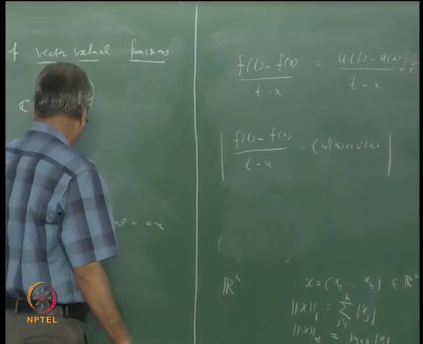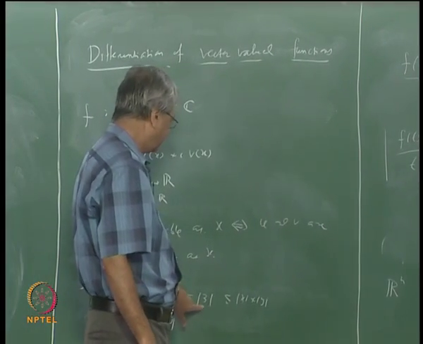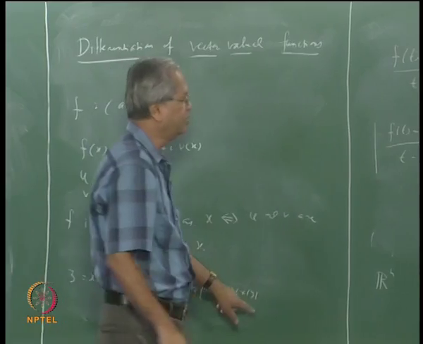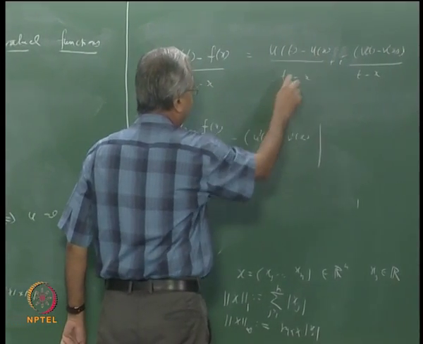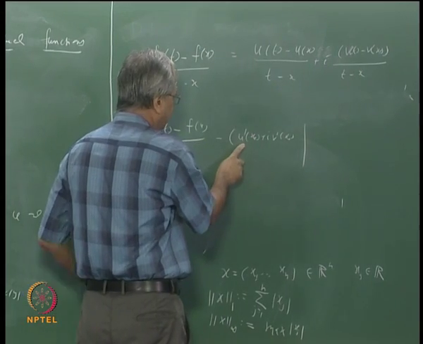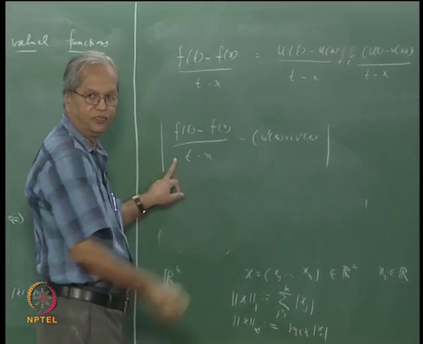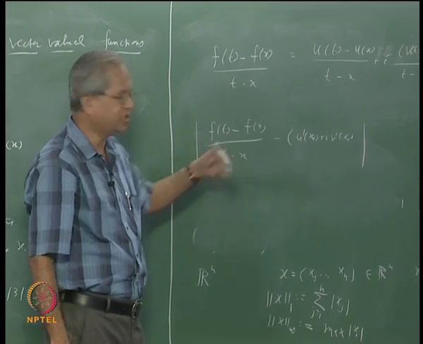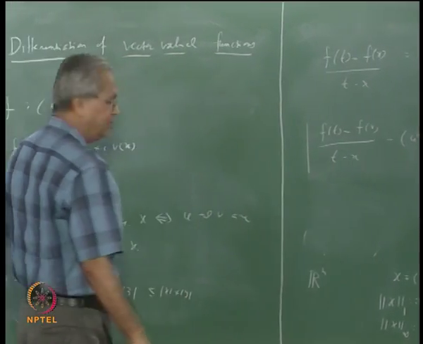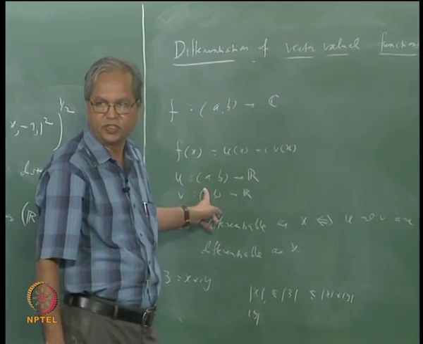Then use this: mod z is less than or equal to mod x plus mod y. So remember, u(t) minus u(x) divided by t minus x minus u prime x naught, that is the real part of this whole thing, right. Remember t minus x is a real number, t and x both are coming from this interval (a, b), so t minus x is a real number.